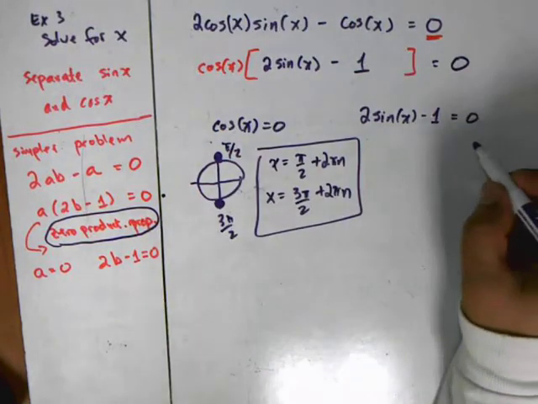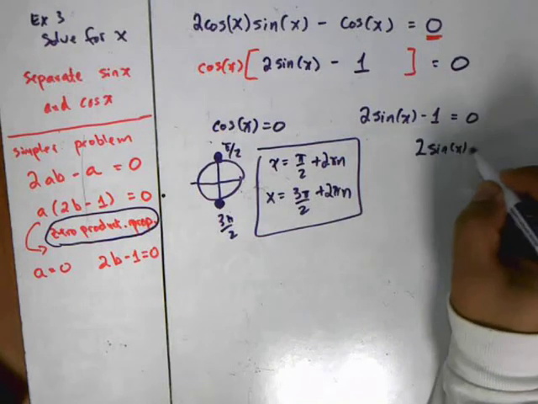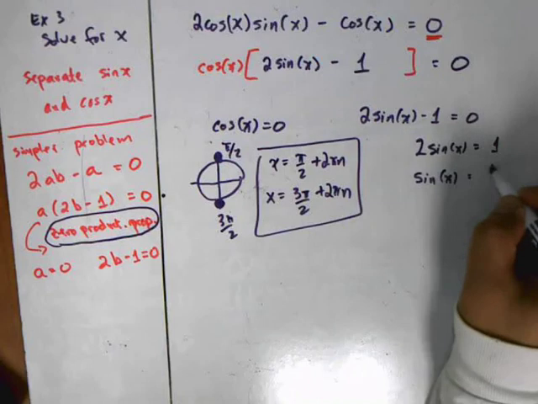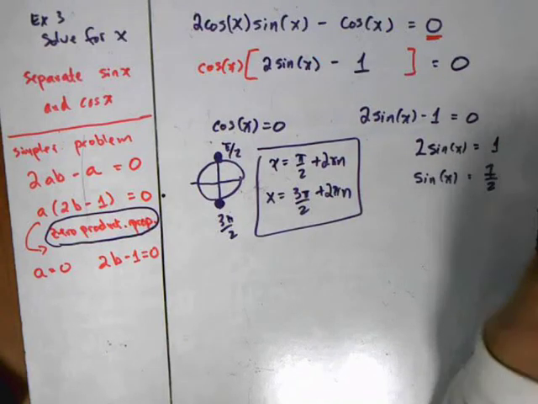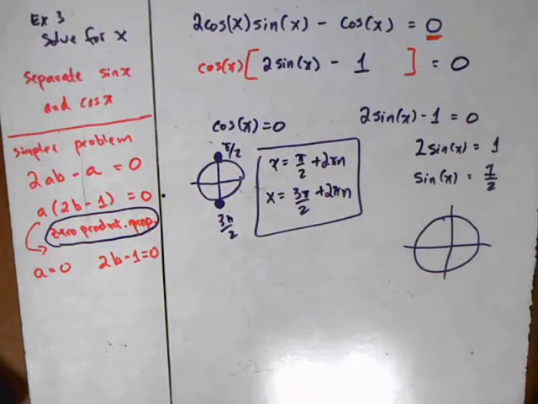On this other equation, I'm going to say 2 sine of x is equal to positive 1. Sine of x is equal to 1/2. And now I have to solve for x. So we'll look at the unit circle again, and you can just picture it visually. Sine is the vertical distance, so it's about right here, where it's 1/2.